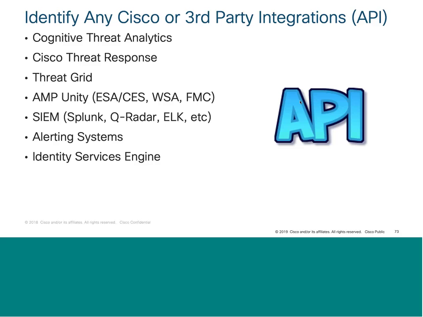ELK is very straightforward to integrate with AMP for Endpoints with a simple Python script or a simple Ruby script. If you have an alerting system, integrating that alerting system using the API by filtering for event IDs and then triggering an email alert or a ticket generation is very easy to do. It's simply a matter of understanding what's available to you there and configuring the event streams properly.